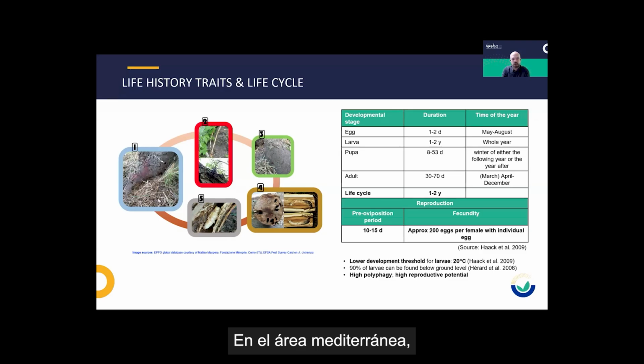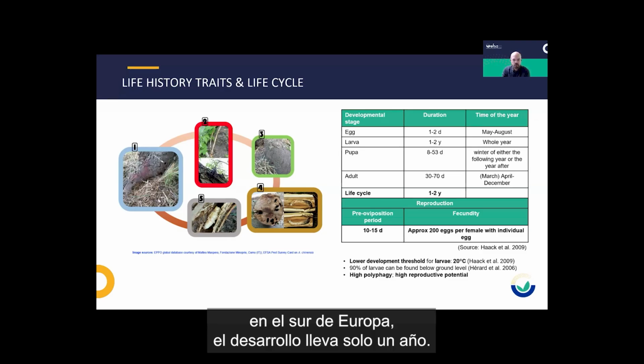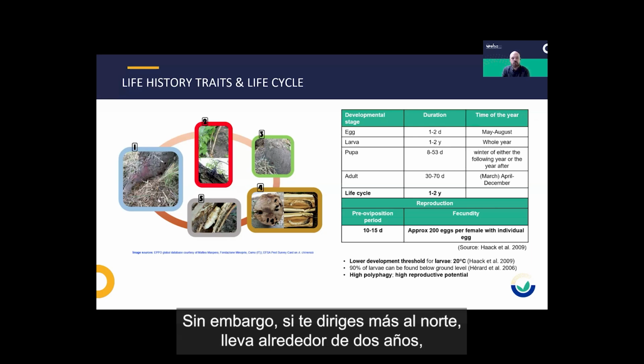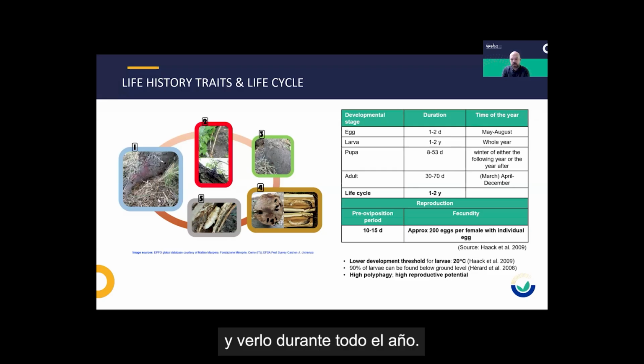In the Mediterranean area, in the south of Europe, it is only 1 year, while if you go more into the north, you have 2 years, and you could find larvae the whole year round. The duration of the pupae is 8 to 53 days, and it occurs in the winter or the following year.